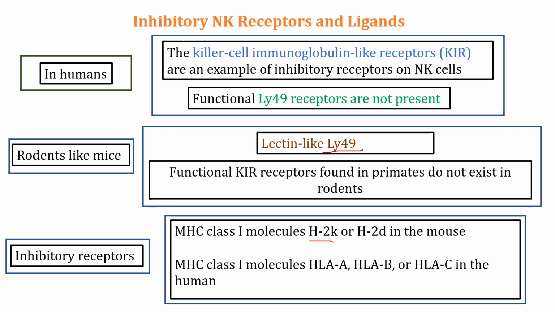Now we discuss the human. In humans, major histocompatibility complex class 1 molecules are encoded by genes within the human leukocyte antigen complex, HLA-B and HLA-C. This is how a particular receptor binds to particular MHC class 1 molecules and prevents cytolysis of normal cells.